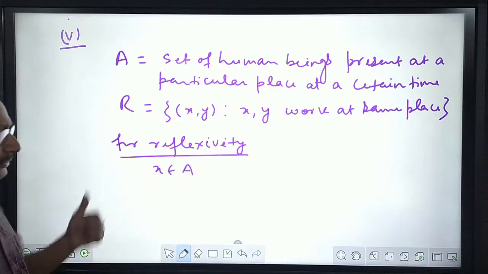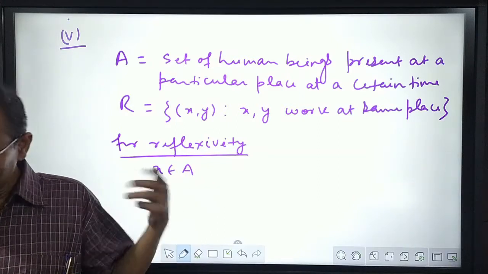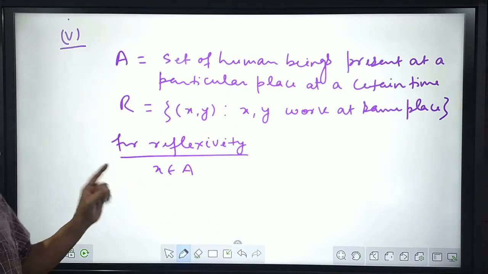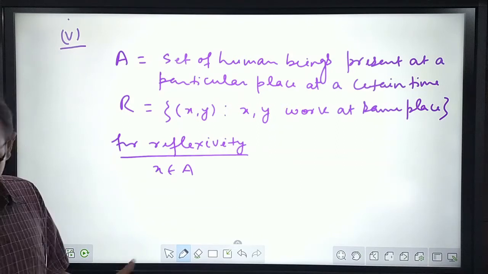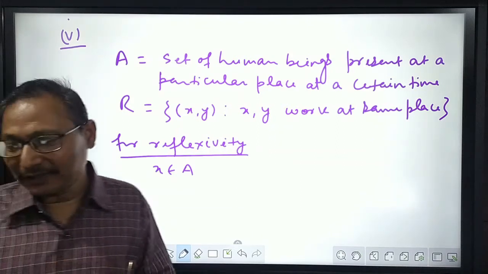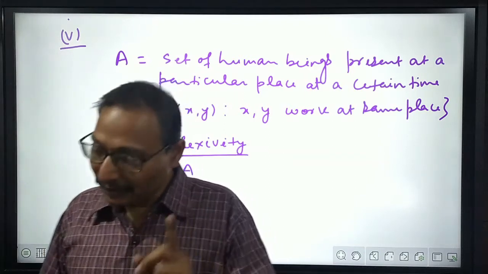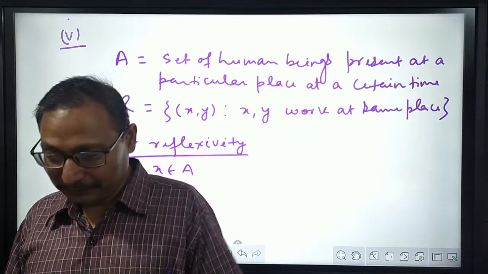That means this person x is at a certain time at a certain place. So x is supposed a member of set A. We suppose. Then we are to check that x is self-related or not. If x is self-related, then we will say it is reflexive.